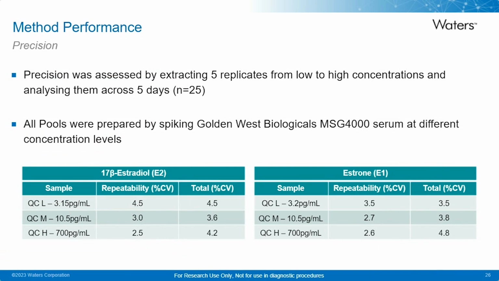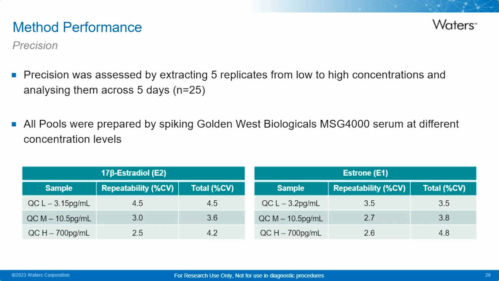We assessed our precision by extracting 5 replicates of the QC low, mid, and high samples, and this was done on each of 5 different occasions, giving us a total of 25 extracted samples at each of the concentrations.